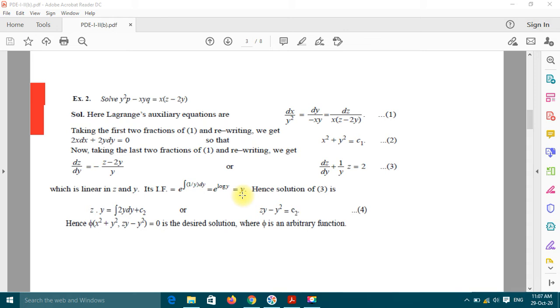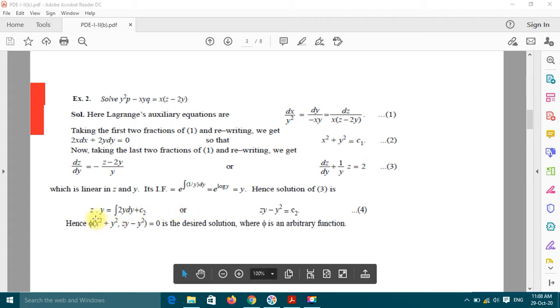And the solution of the differential equation of the form dz by dy plus pz is equal to q is written as z into integrating factor is equal to integral q into integrating factor plus some constant of integration. So here we have chosen c1, so now we take c2.